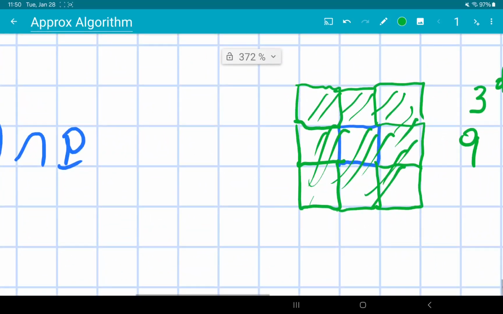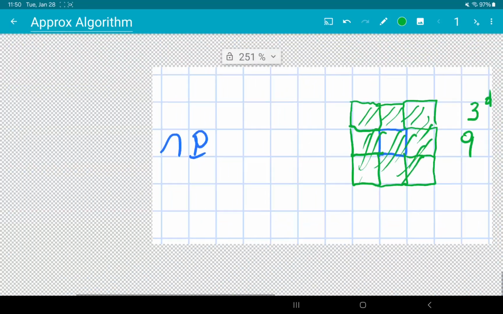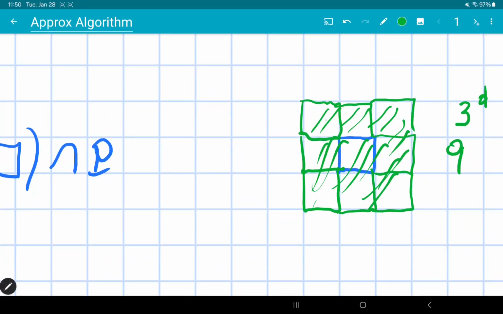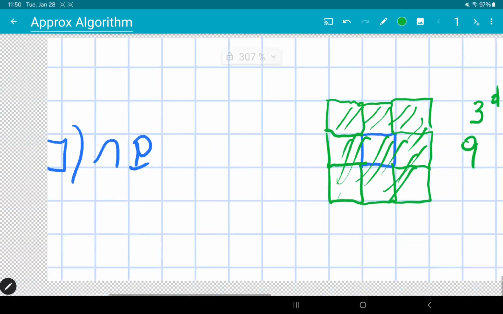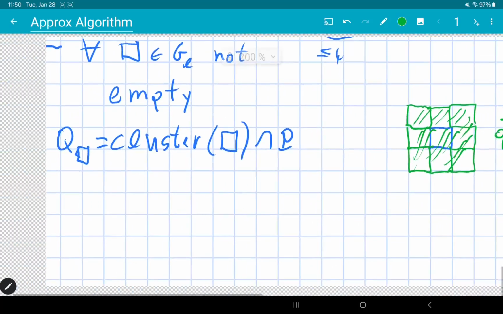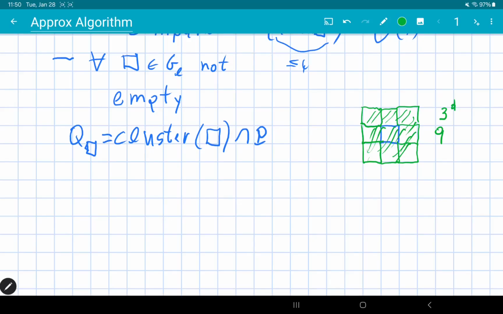So we go over all the grid cells, and for each one of them, we extract the points stored in them. To remind you, in every grid cell now there are at most 4 points. So Q of the cell is going to contain at most 36 points. Okay, 36 points, and now we compute the closest pair of Q of the cell.